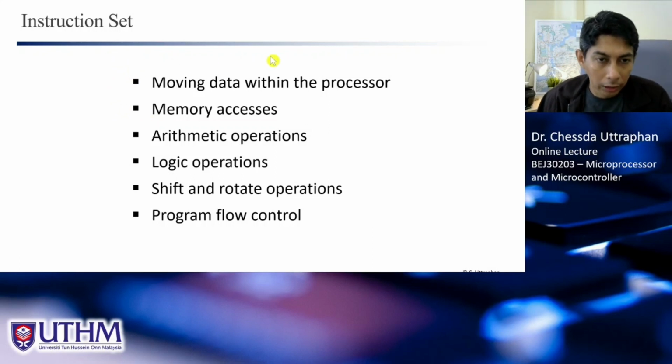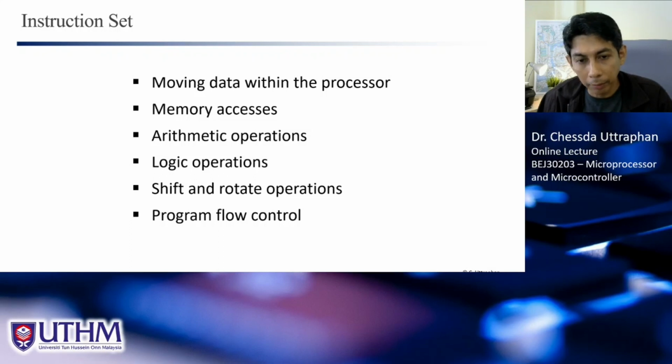There are groups of instructions in a microprocessor, and these are the main groups that we have. The first group is moving data within the processor. Last week we learned the internal architecture of the microprocessor and the programmer model.